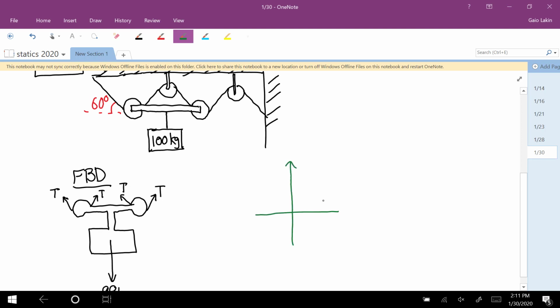Okay. And so there are two vectors that we have to figure out the components for. So if this is our coordinate system, the cable force here, you see my cursor, and here are both this way, where this angle is 60. And the ones here and here are both this way, where this angle is 60.